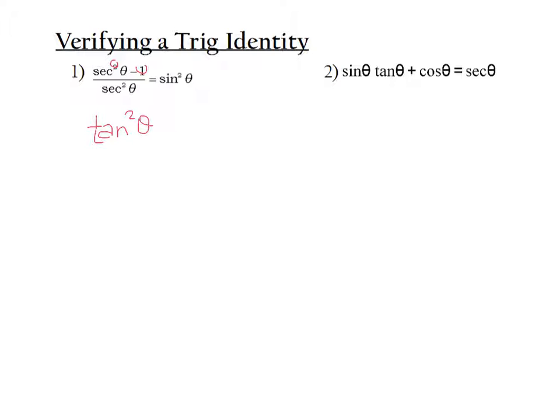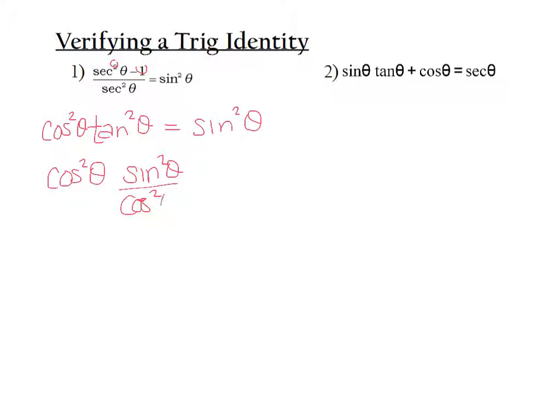And the other thing that I would want to do is this secant squared theta. I'm going to bring that up and call it cosine squared theta. I managed to get rid of the fraction that way. However, I'm going to go ahead and turn it right back into a fraction with my tangent squared. I'm going to change that to a sine squared theta over cosine squared theta.